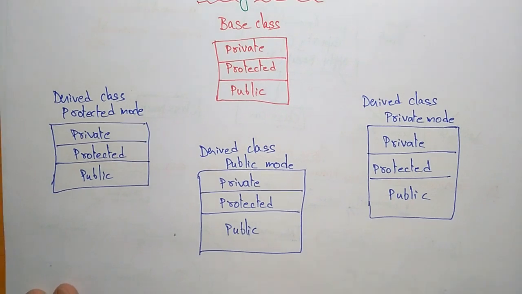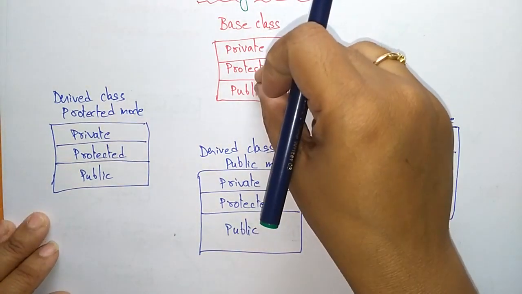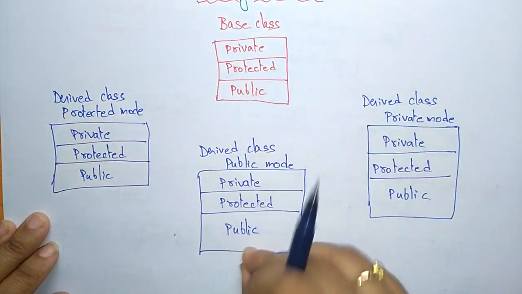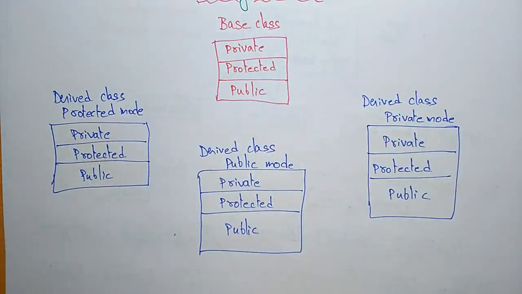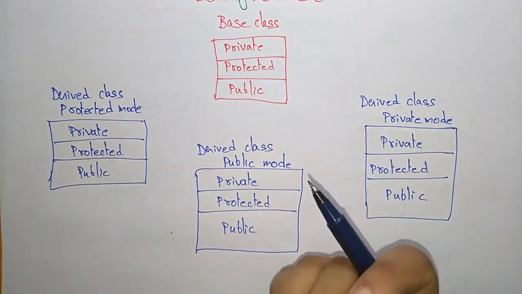Okay, so now I'm explaining about the modes of inheritance. If the variables are declared as private, protected, public in the base class, which variables can I access in the derived class? Which variables can we inherit from the base class, in which access specifier?